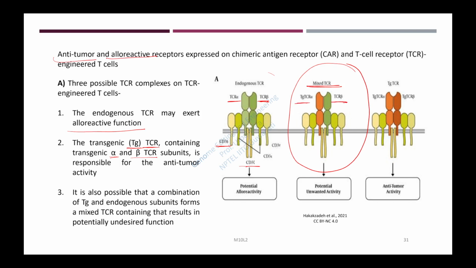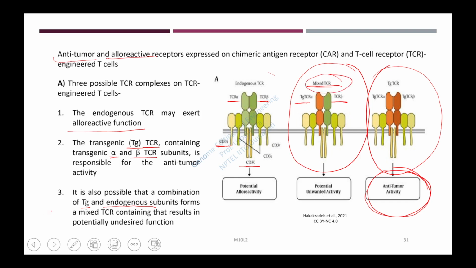And the third one: it is also possible that a combination of TG and an endogenous subunit forms a mixed TCR that results in potentially undesired function. So this can also be made. Sorry, the second one is the anti-tumor activity here, and this is a potential unwanted activity, which is a mixed TCR. So these are the modifications that can be done.